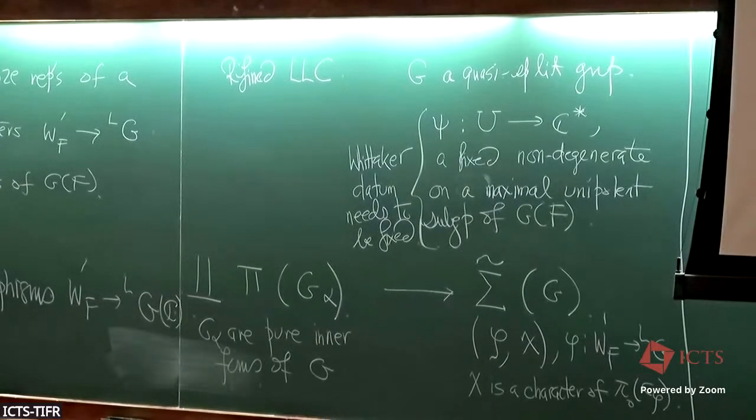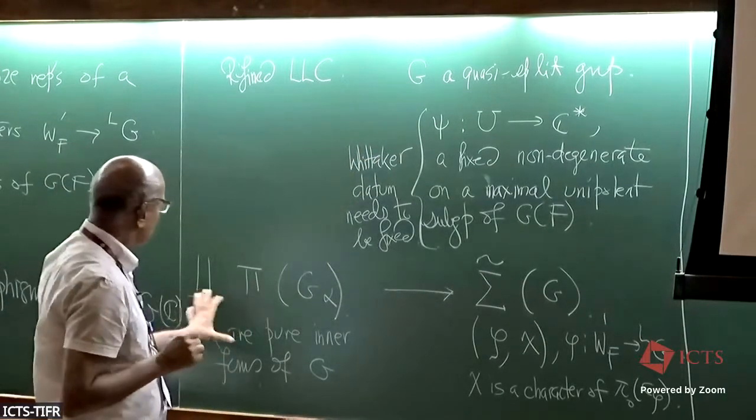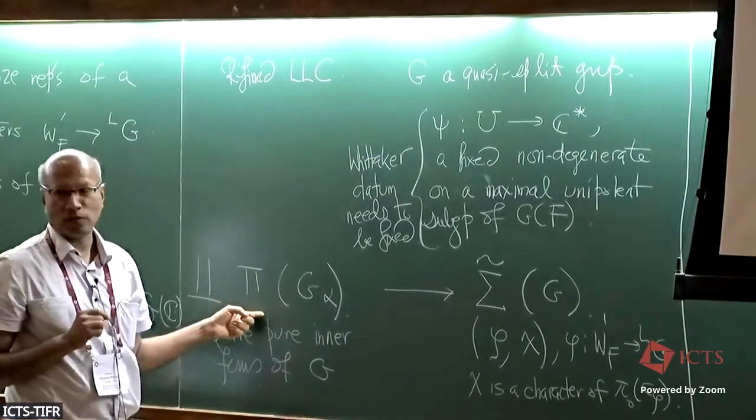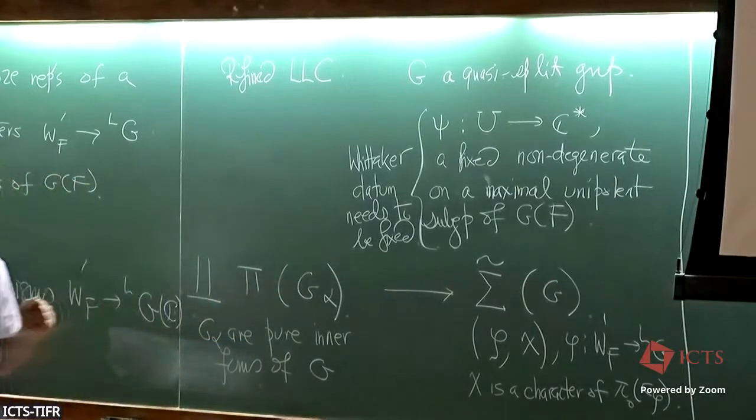No, the Whittaker datum is fixed for the group, but it is not related to the representations involved. It is used for the correspondence, but the correspondence is among all representations.